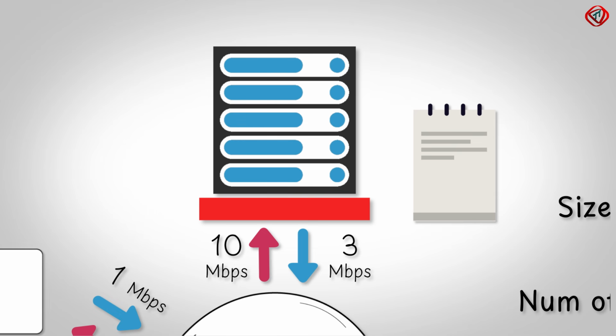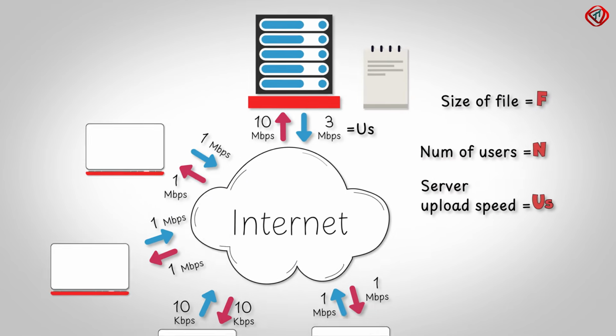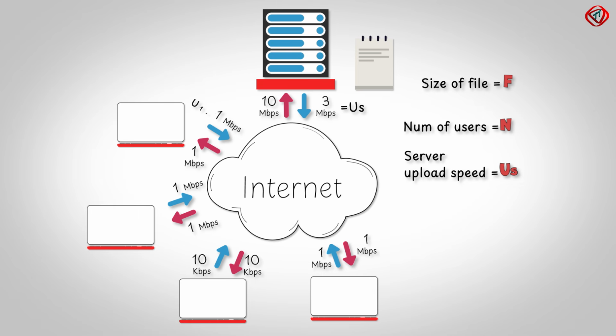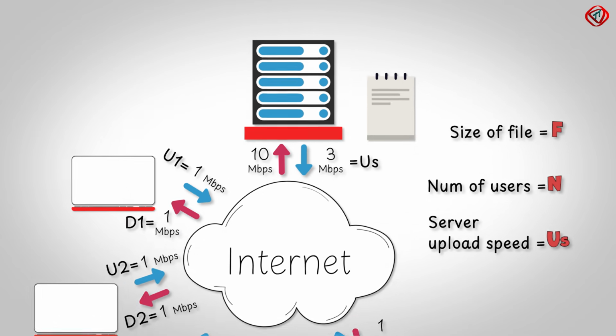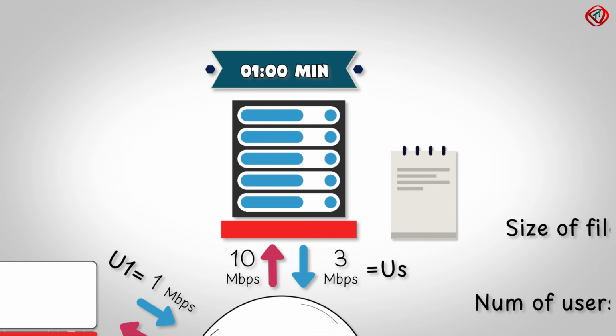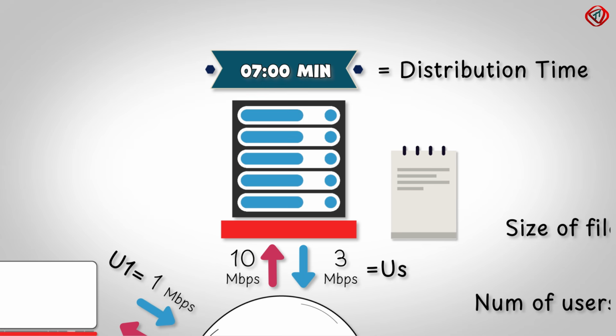We denote the server's upload speed as U_S, each peer's upload speed as U1, U2, U3, and so on, and each peer's download speed as D1, D2, D3, and so on. Our goal is simple. We want to find out how much time it takes to distribute the file to everyone. This is called the distribution time.